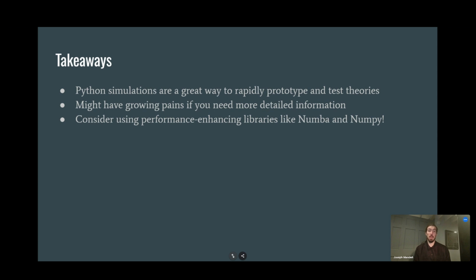These libraries are open source, the documentation is great and available online, and they can really speed up your code. So if you're a researcher, if you use Python for hobbies, for research, for work, I highly encourage you to look into performance-enhancing libraries like Numba and just see if it works in your case. In our case, it did, and it made things substantially better for our team.